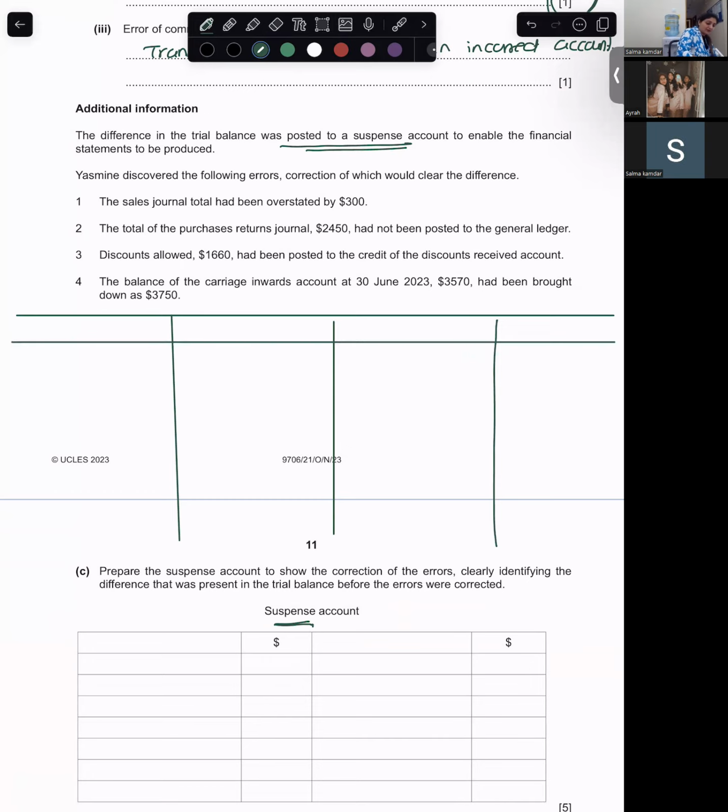Whenever you have to do it, you will do wrong, reverse, correct, rectification. This wrong, reverse, correct, rectification does not happen for which things? It does not happen for error of omission, and undercast, overcast. Okay, so take some time, do it, and then we will do it together.